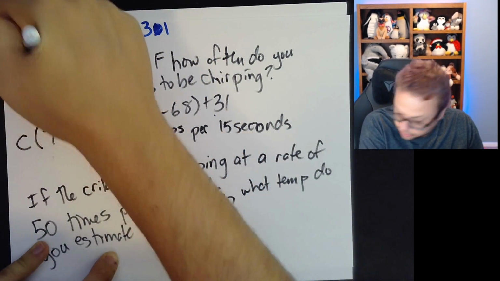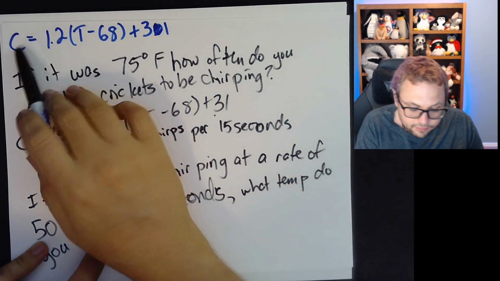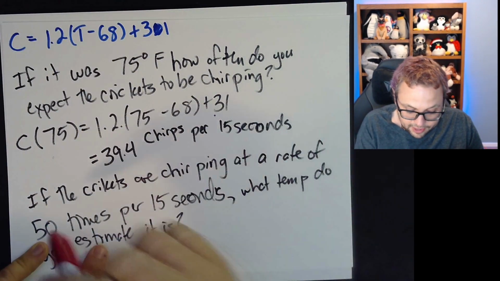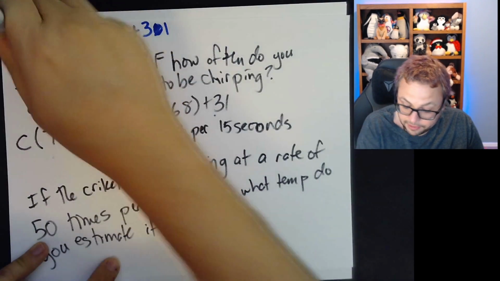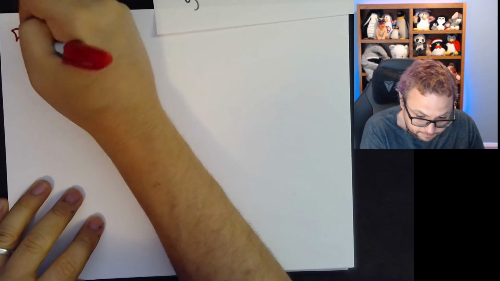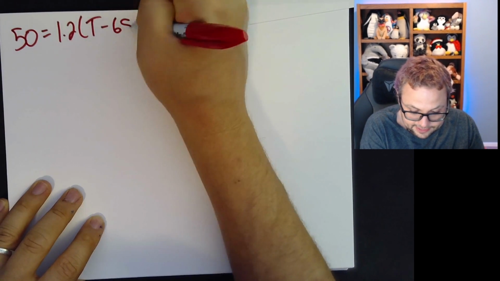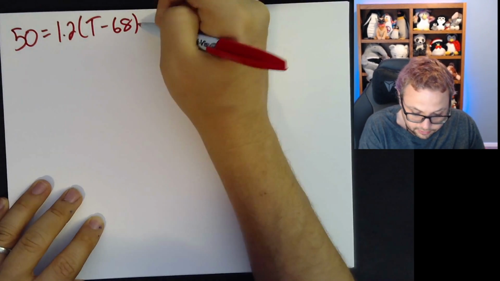The 50 is the chirps. And that's one of the real advantages here of using these different variable names, is that if I'm talking about chirps per 15 seconds, I better plug it in for the C variable and not for the T variable. So what I'll get is 50 equals 1.2 times T minus 68 plus 31.